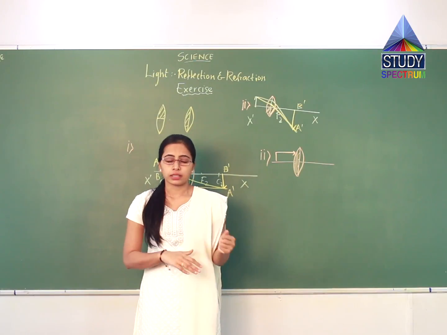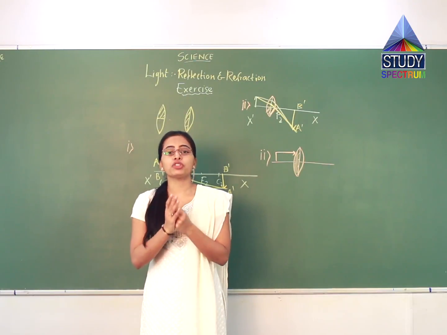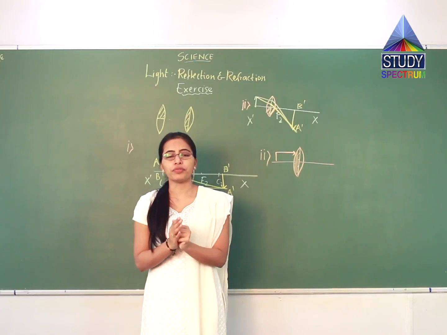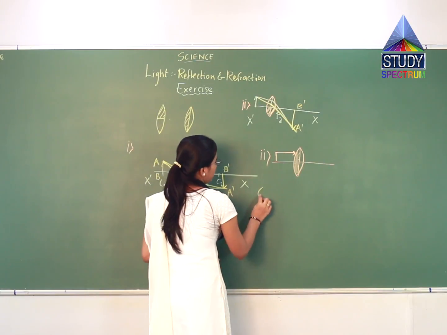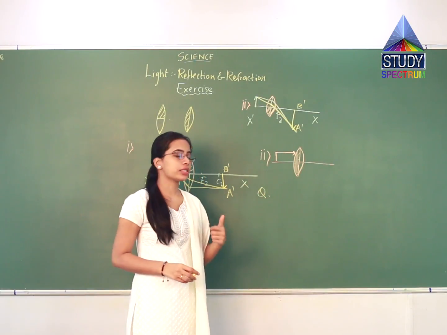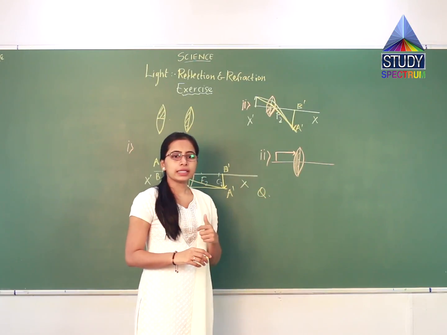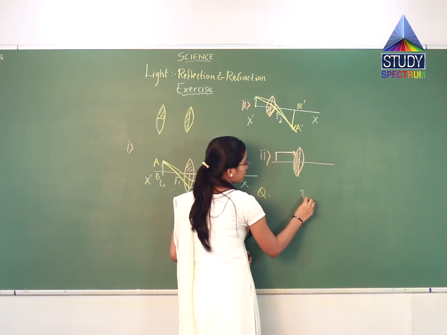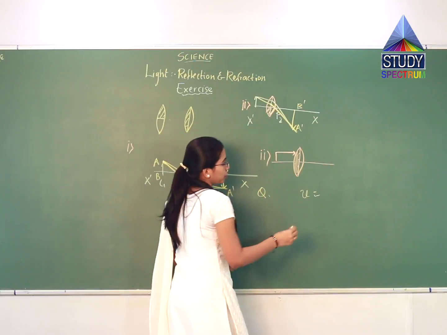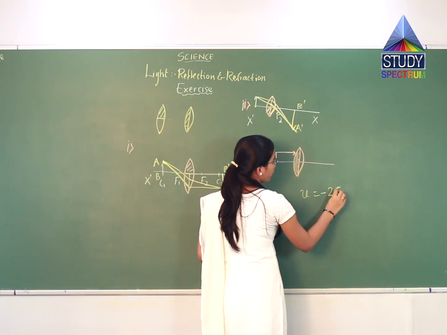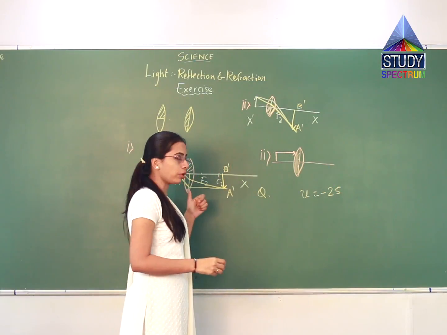Now here the question is given about converging lens. So converging lens is actually convex lens. So let us do this question. It is given that object distance is 25 cm. So always we place our object on left hand side of the lens.